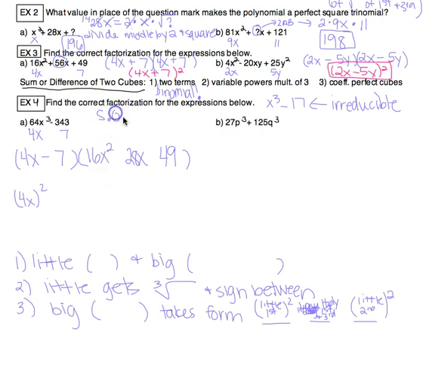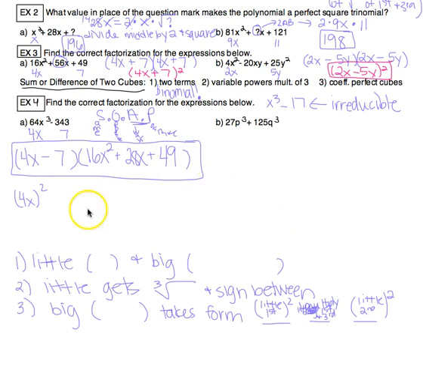We use the acronym SOAP to help us remember. SOAP stands for same. So this sign is the same as the original. My next sign should be opposite. So the original was a minus. Opposite of that is plus. And then AP is always positive. So plus. So this would be my factorization.